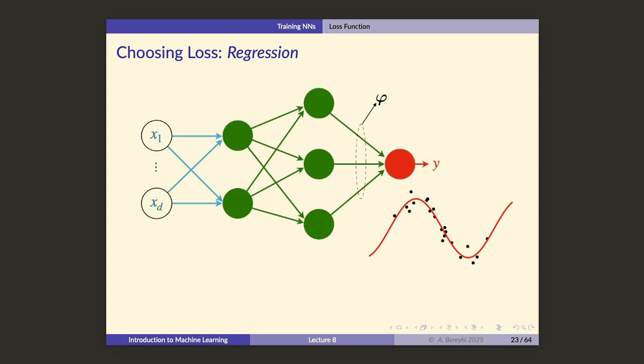So in this case, if you want to define the loss, what is the good choice of loss? How can I find out whether the output of my neural network at one specific point is close enough to my sample? You just compute the difference, right? You just compute the difference.